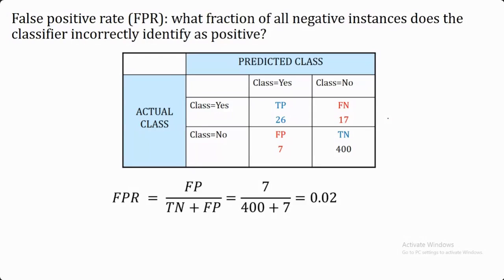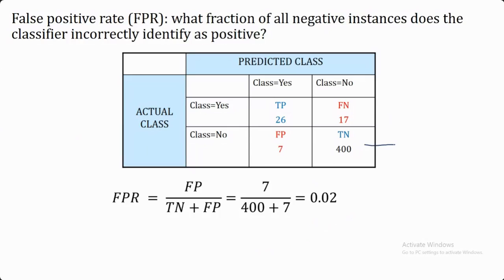It defines the performance in terms of the total number of instances that were actually no, but your classifier says the class label is yes. That means the person does not have a disease, but your model says the person has a disease. So this is the concept of false positive rate: not having disease but wrongly predicting positive.